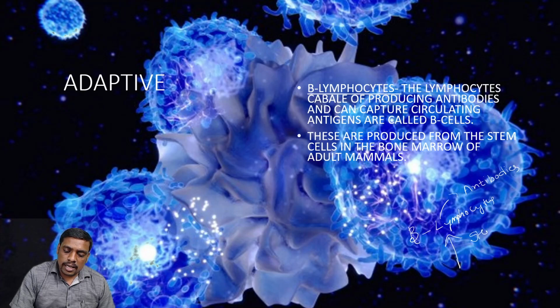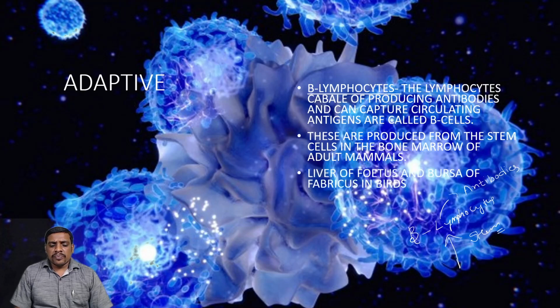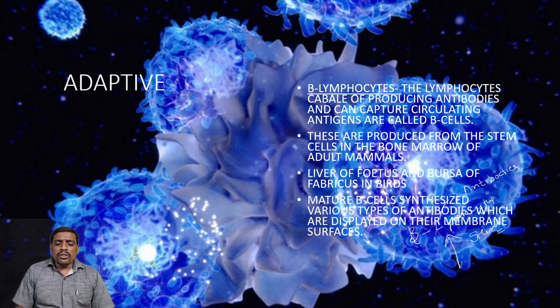These stem cells generally produce the B lymphocytes, especially in the bone marrow of adult mammals, the bursa of Fabricius in birds, and the liver of the fetus. The mature B cells synthesize various types of antibodies. When they are active, then only they can produce the antibodies. If they are not active, they cannot produce the antibodies.